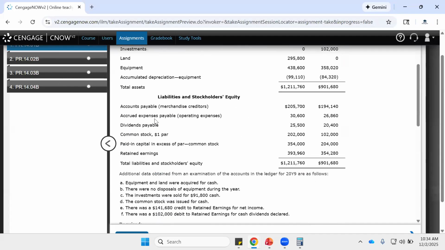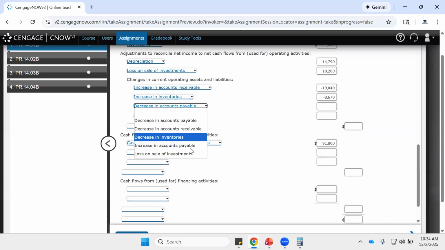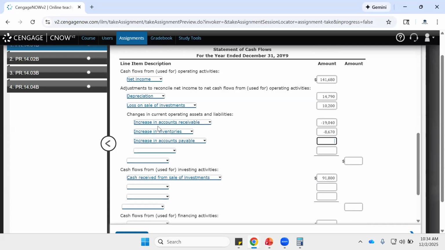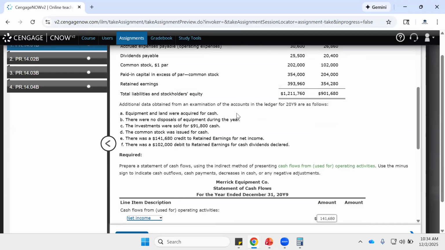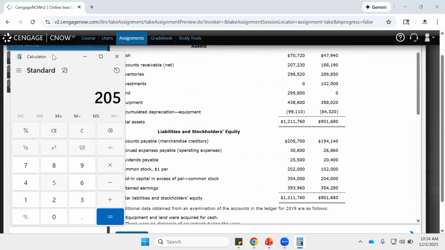So now we have our liabilities section, and accounts payable increased. That increases operating cash flows because that's more debt that we didn't pay. Increase in accounts payable, and the increase was 11,560.